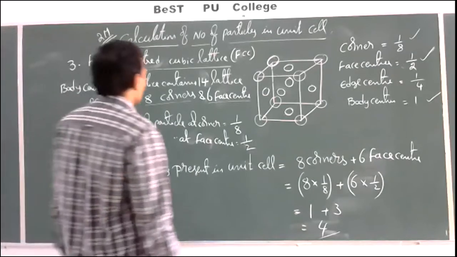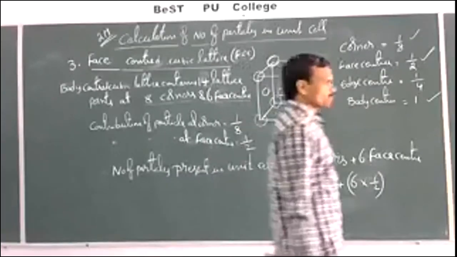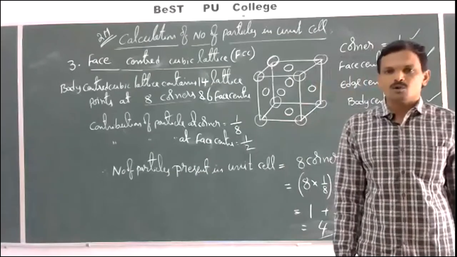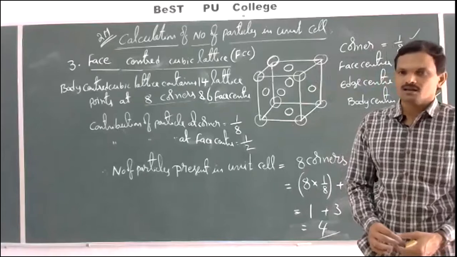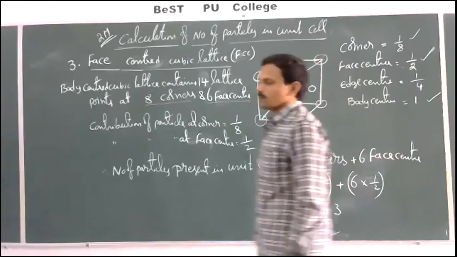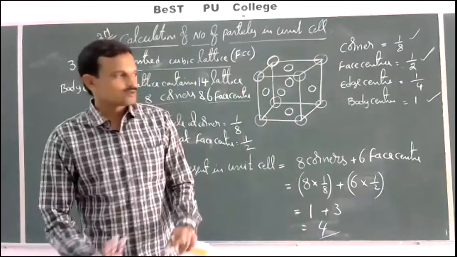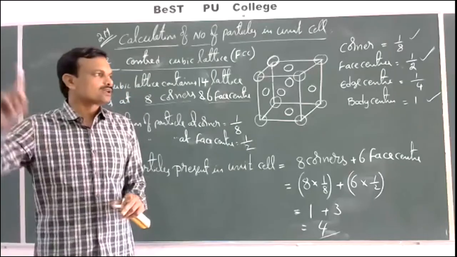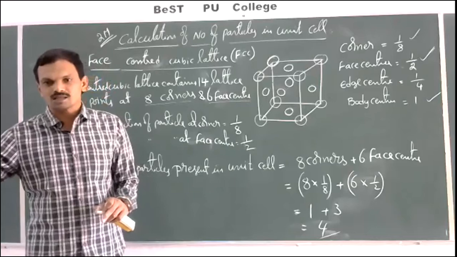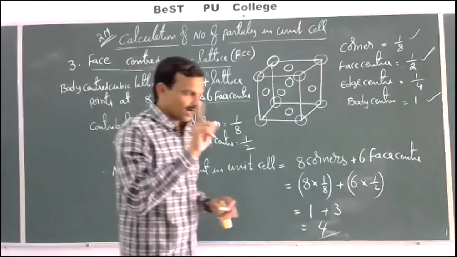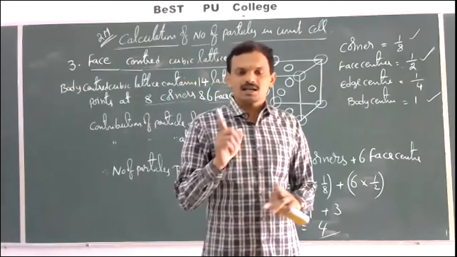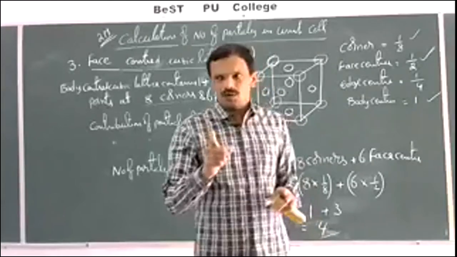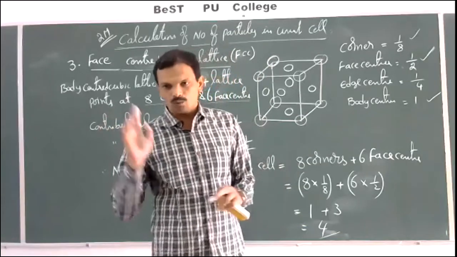Calculate the number of particles present in a simple cubic lattice or body centered cubic lattice or face centered cubic lattice. So overall, simple cubic lattice contains 8 lattice points and the number of particles present in unit cell is 1. Body centered cubic lattice contains 9 lattice points and the number of particles in the unit cell is 2.